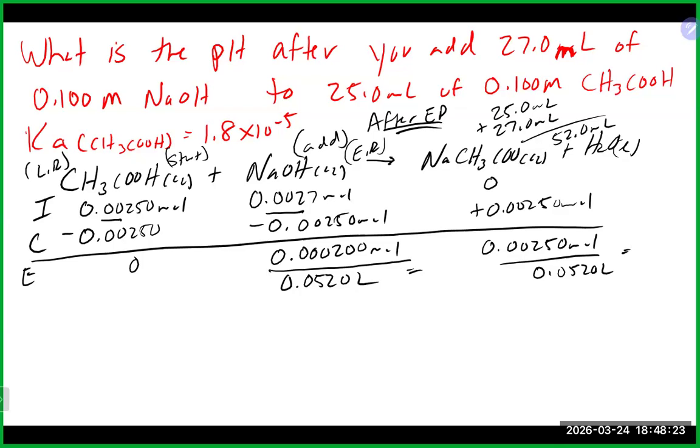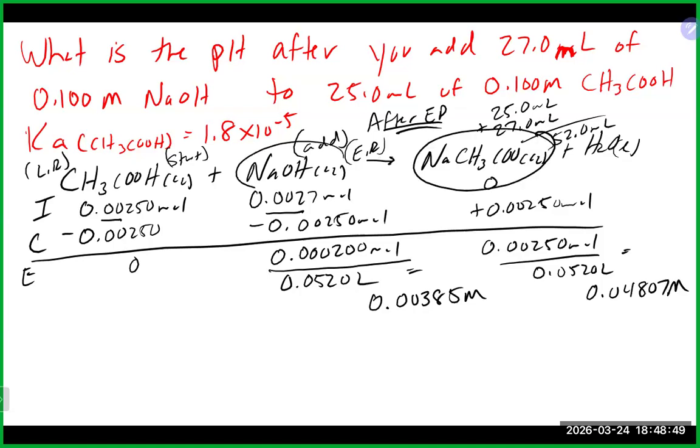We will end up at this point with 0.00385 molar, and 0.0025 divided by 0.052 is 0.04807, we'll call it.